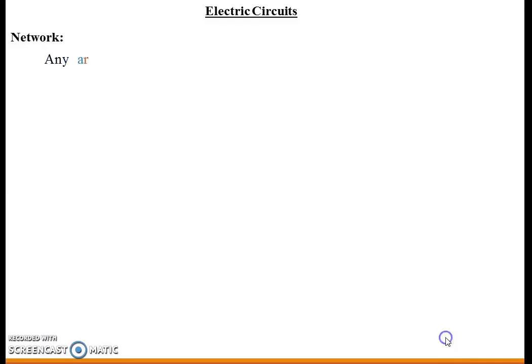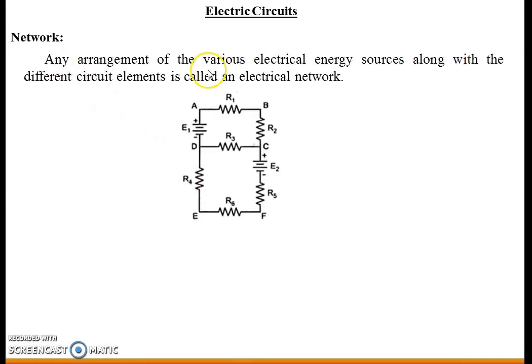Let us take the definition of network. Any arrangement of the various electrical energy sources along with the different circuit elements is called an electric network. Dear students, look at the circuit diagram shown in this slide. A, B, C, D, E, F are the terminals. E1, E2 are the voltage sources.